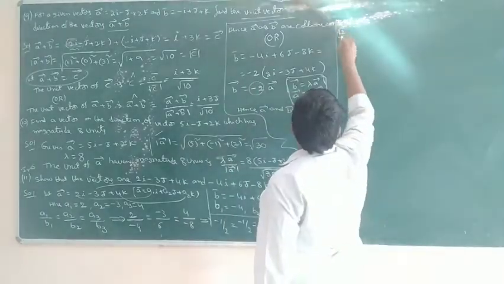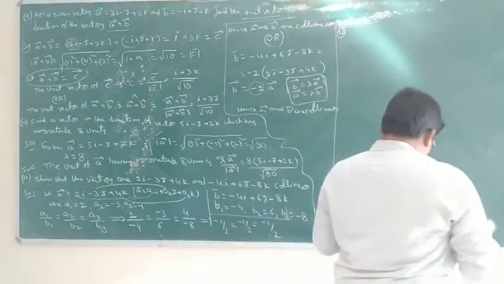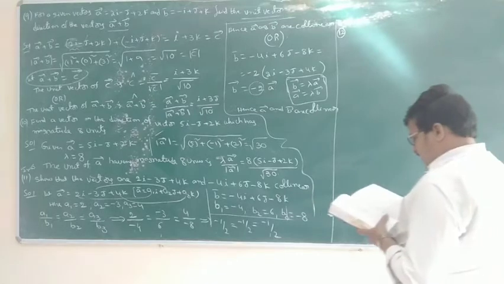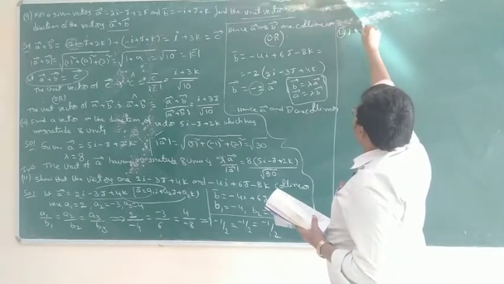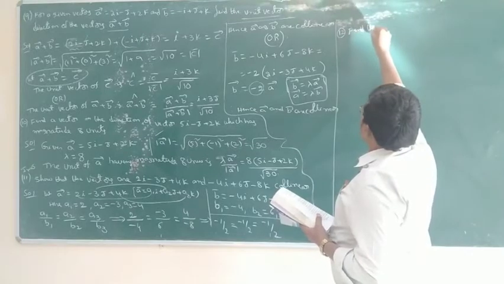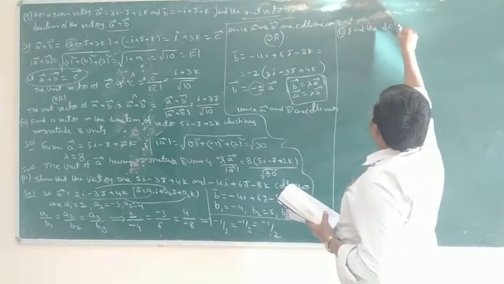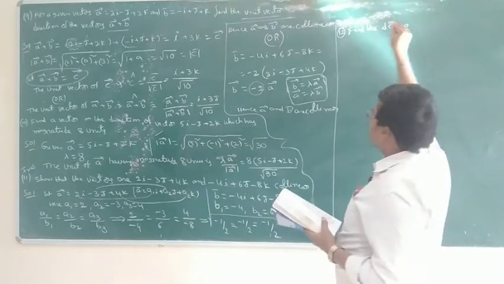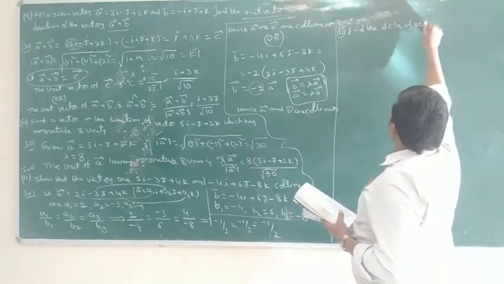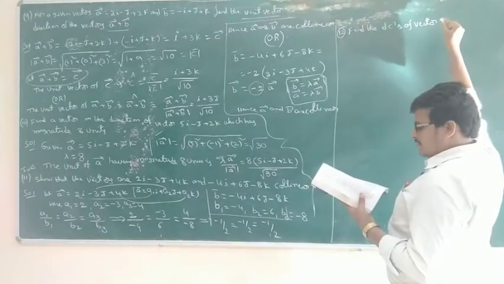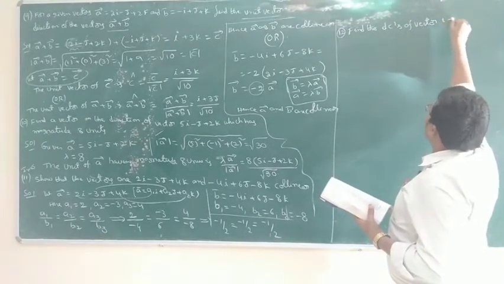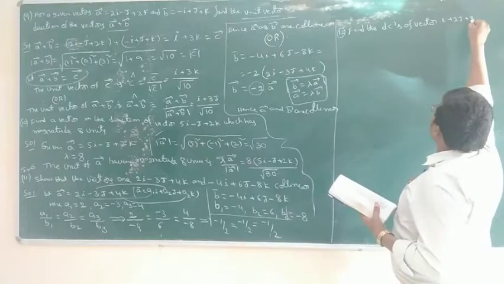Next, the 12th problem. Find the direction cosines of the vector i plus 2j plus 3k.